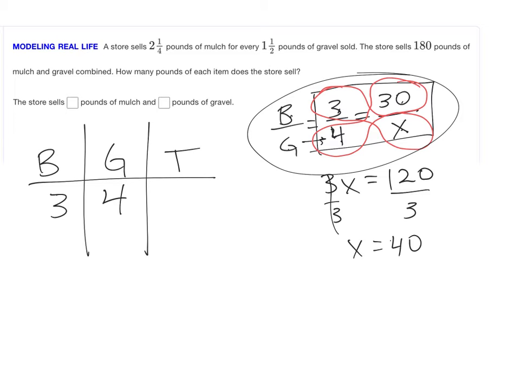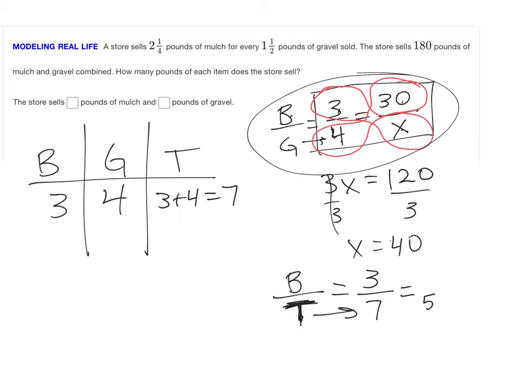Then I want to know how many boys, so I need to know boys to total. The boys would be 3, and the total will be 3 plus 4, which is 7. So I would put a 7 here. Total in the school are 500 kids, and I want to know how many boys. So that's how I'd set up my proportion.